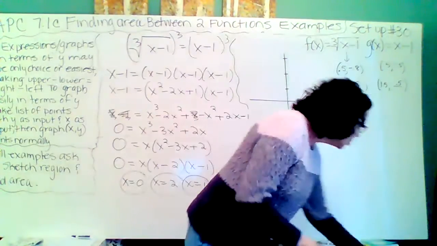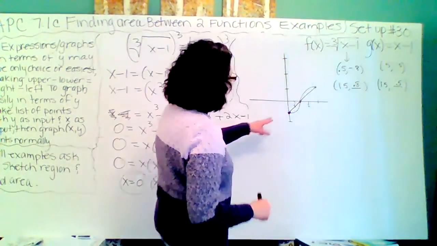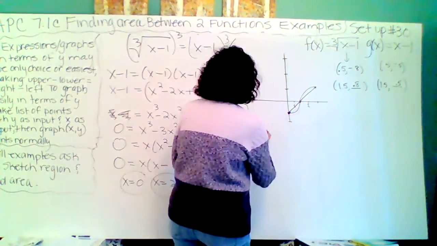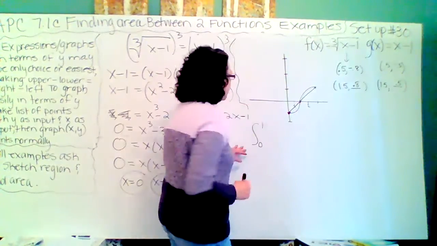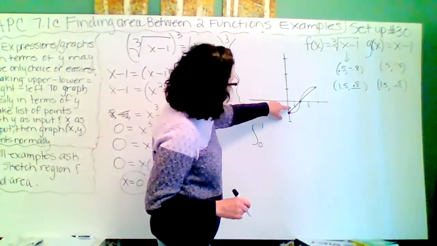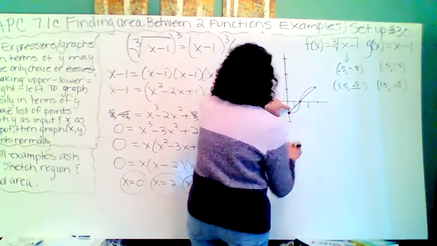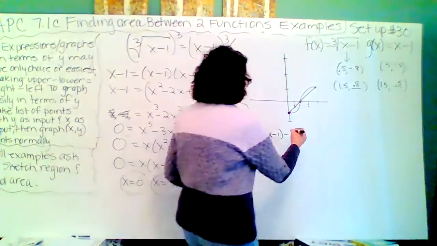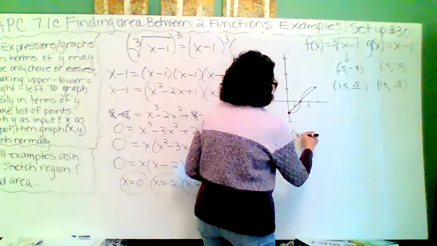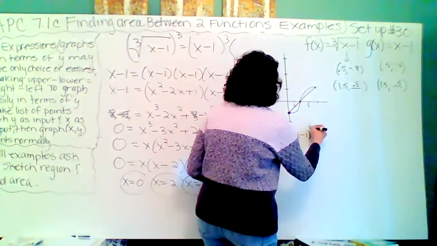But what do we do here? Notice that from 0 to 1, the upper function is the line and the lower function is the cube root function.